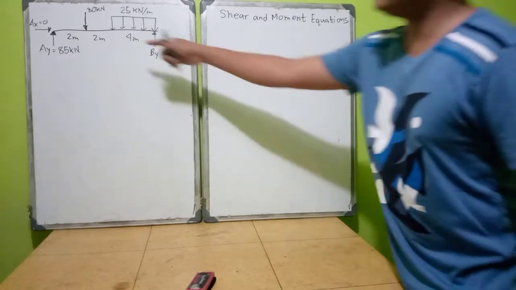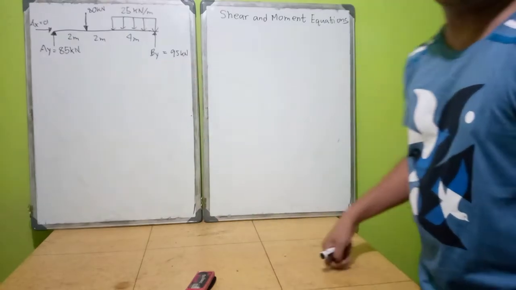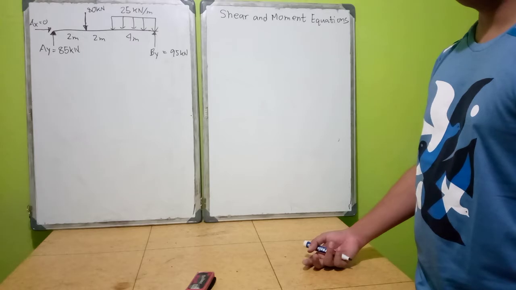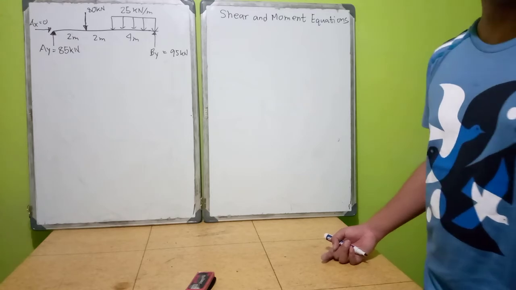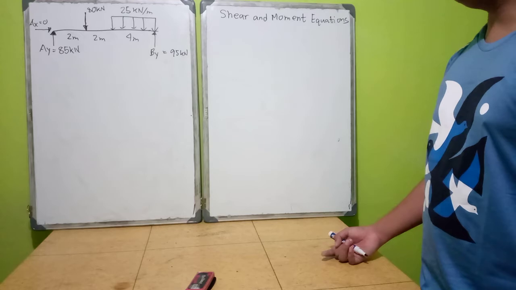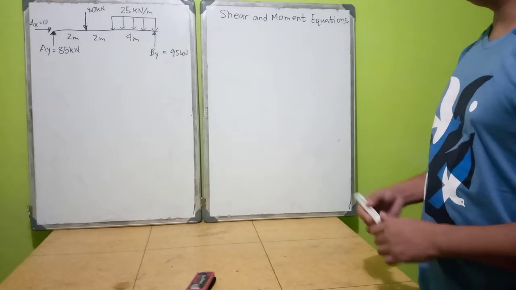So this is your beam, and this is the computed reaction. I will not recompute the reactions at the supports of this simple span beam, because we have discussed it in the second video. This time we will have shear and moment equations.